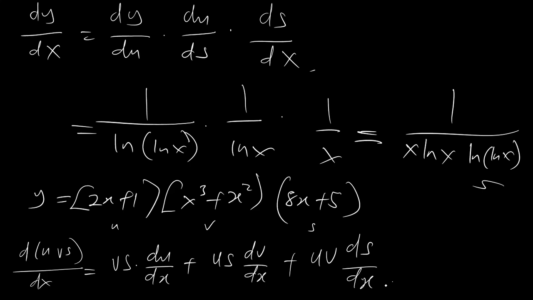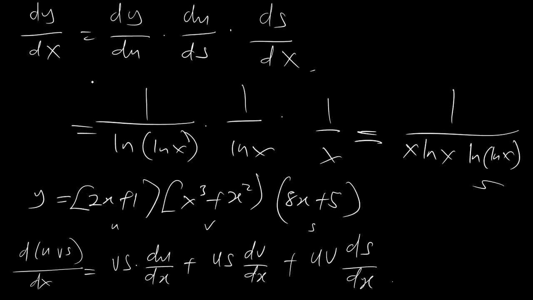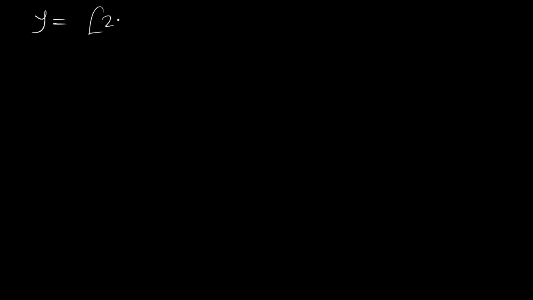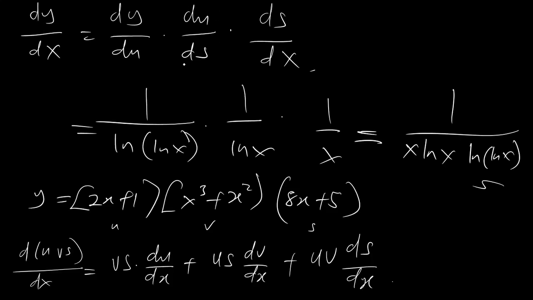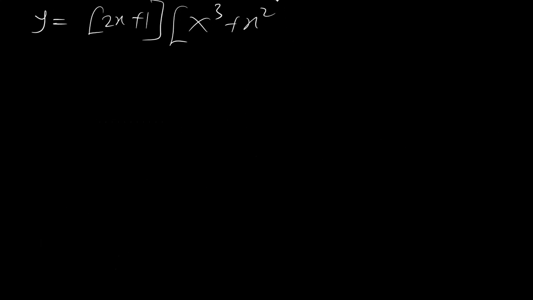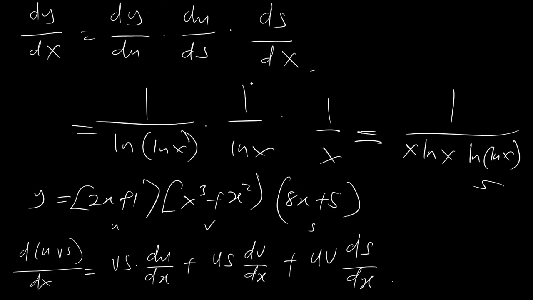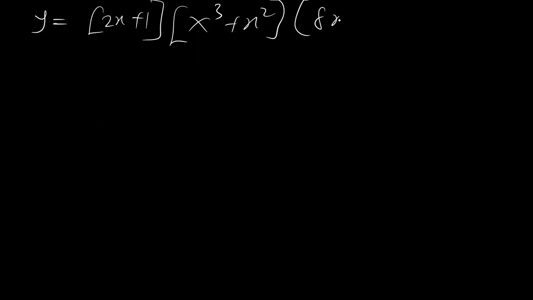So to solve this particular problem, let's repeat it here: 2x plus 1, bracket x cubed plus x squared, times 8x plus 5.